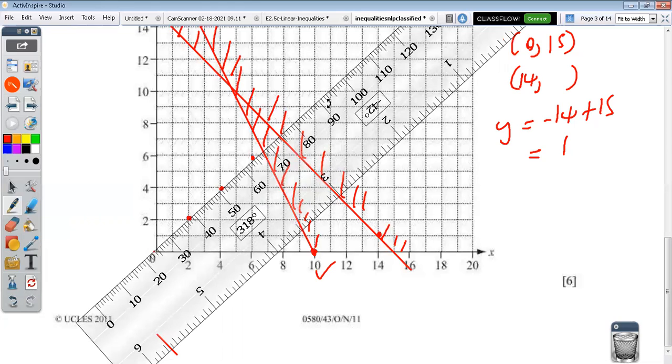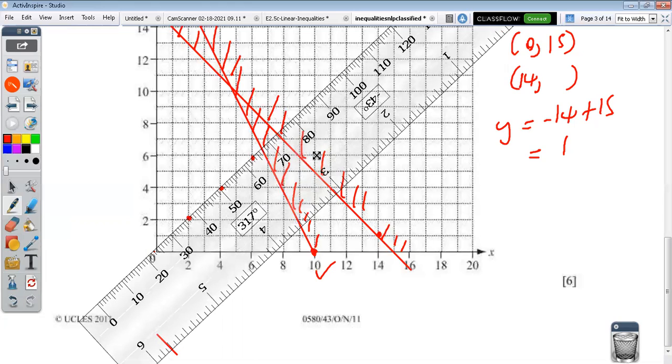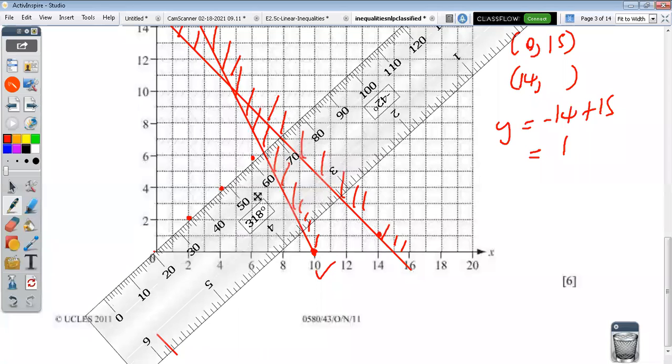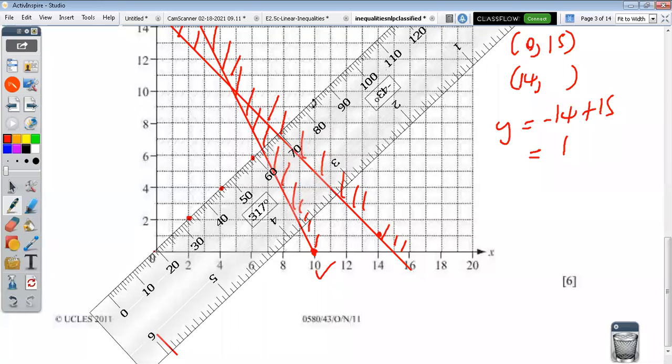Sometimes try to be as accurate as possible. Slightly missed. Okay, some more, something like this.